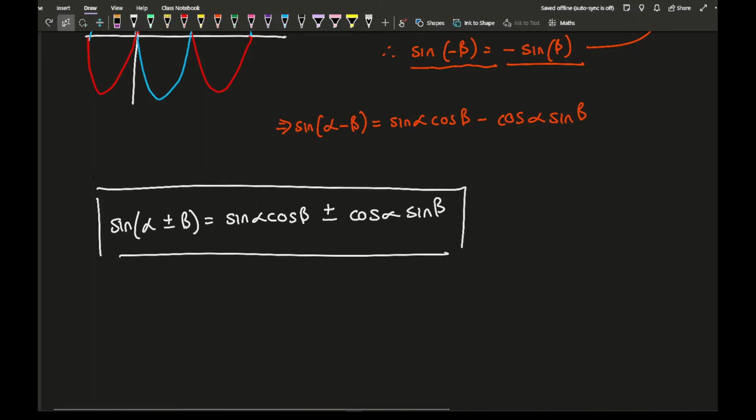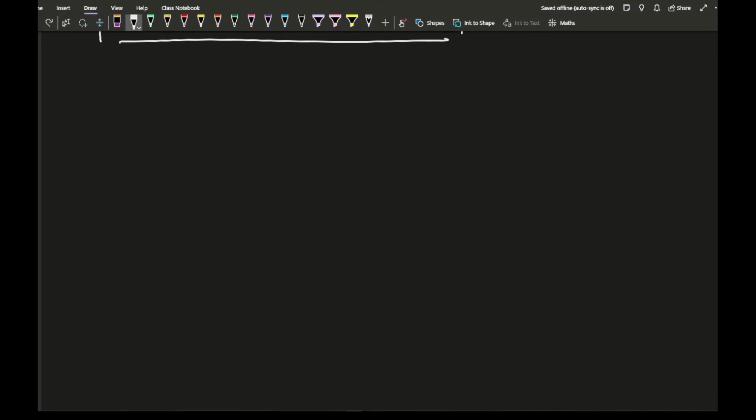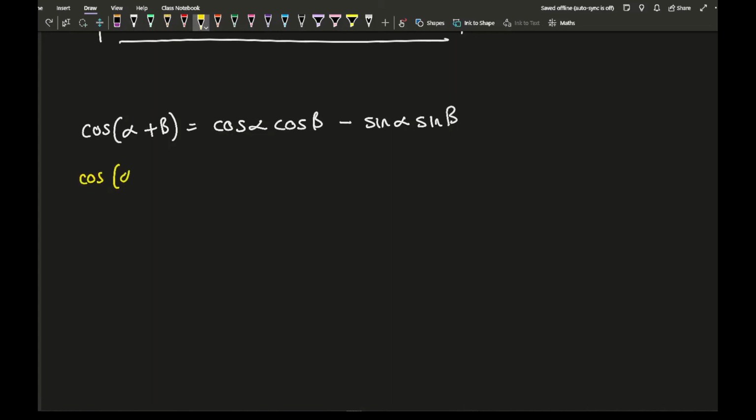trig identity proved. So now if I look at what cos alpha plus beta looks like, which we've already proved, we know that that's cos alpha cos beta minus sine alpha sine beta. So again, if I wanted to work out what cos alpha minus beta is, all I'm going to do is change whatever is with the cos beta, where we've got a positive cos beta with minus beta, and then just change the signs.